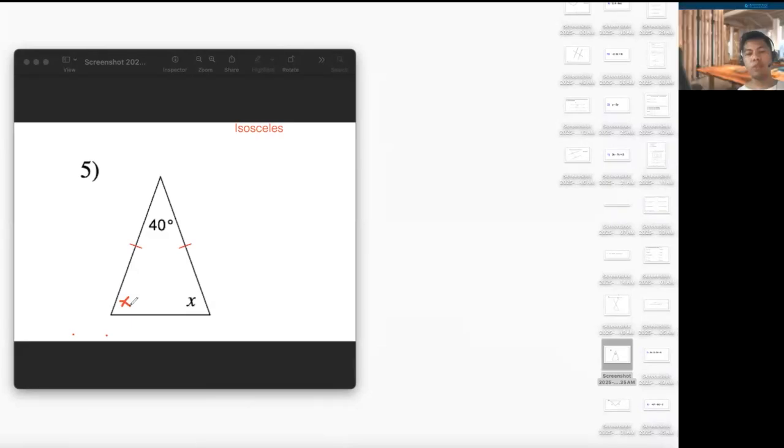And we're gonna use first what Diana said. The sum is 180. So if I add 40 plus the x plus the x, so those three angles, the sum would be 180, right? So we're gonna remove the 40 from both sides. So therefore, x and x will be what?